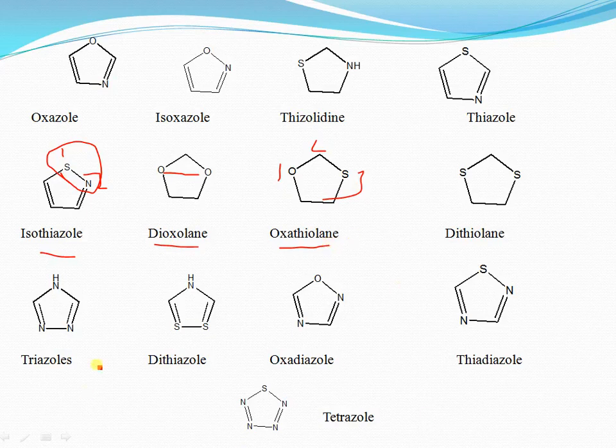Dithiolane. Again saturation. Triazoles. It is 1, 2, 3, 4, 5. 1, 3, 4 triazole. Dithiazole. Dithia, then azole. Oxygen, sulfur, nitrogen is the last.